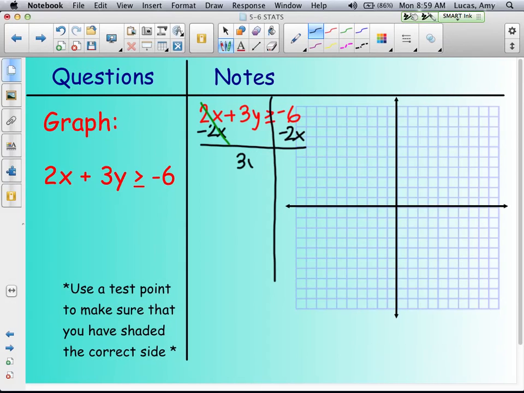So 3y is greater than or equal to negative 2x minus 6. Remember to write it in slope-intercept order. And then I can divide everything by my 3. So y is greater than or equal to negative 2/3 x minus 2.